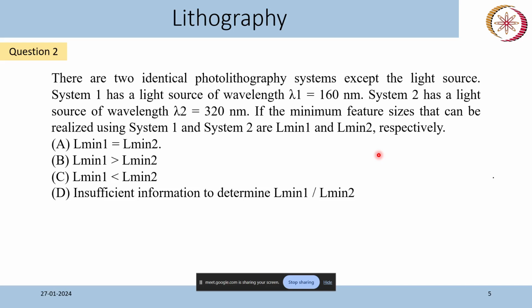Which one is the correct option? I'm giving you 1 minute. Just think about it and let me know the answer. If you don't want to speak, you can write in the chat box also.